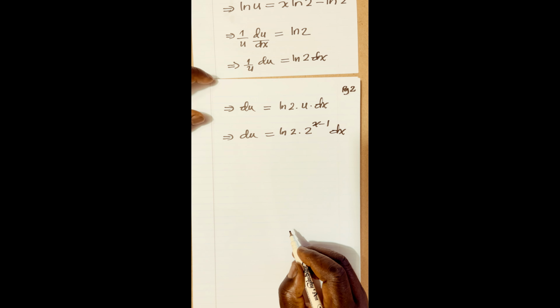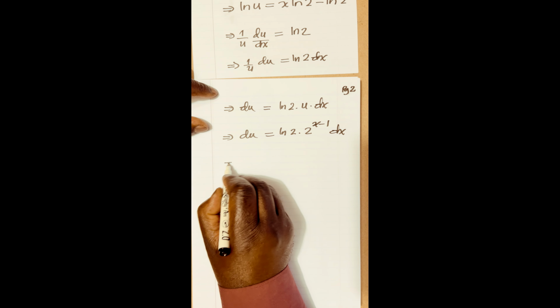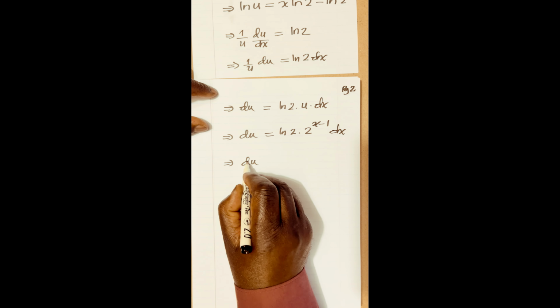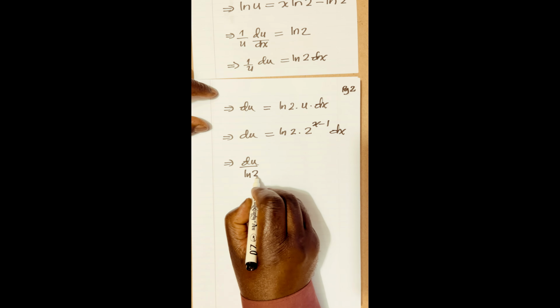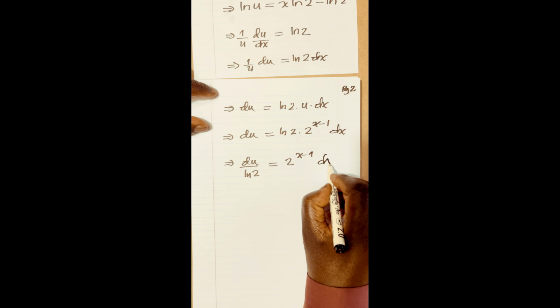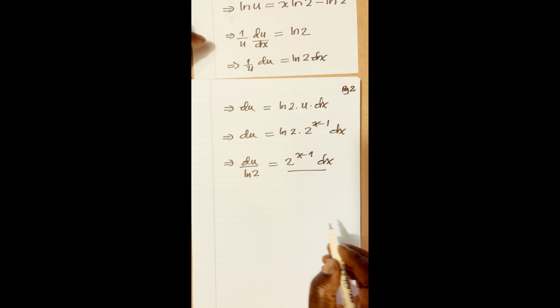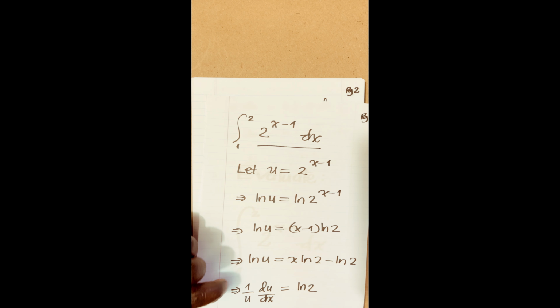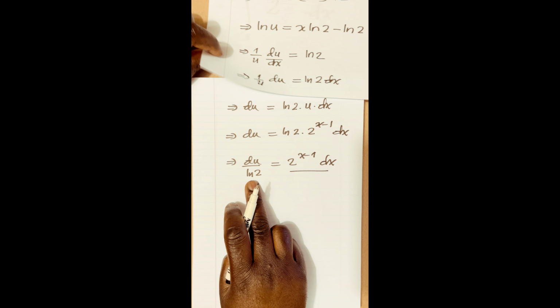Now we have to divide by natural log of 2 both sides. We have du all over natural log of 2 is equal to 2 to the power x minus 1 dx. Nice. So that expression must be replaced by du over natural log of 2.